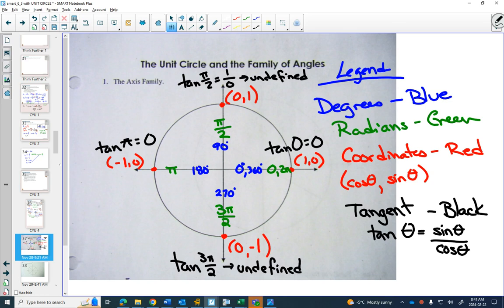Tan of 3 pi over 2 is also impossible because the big idea for tan is that tan is always sine theta divided by cos theta, and the cos theta is 0 because it's the x coordinate, then that will always be undefined.